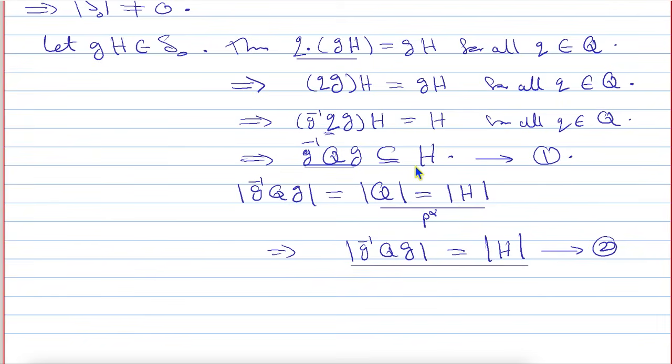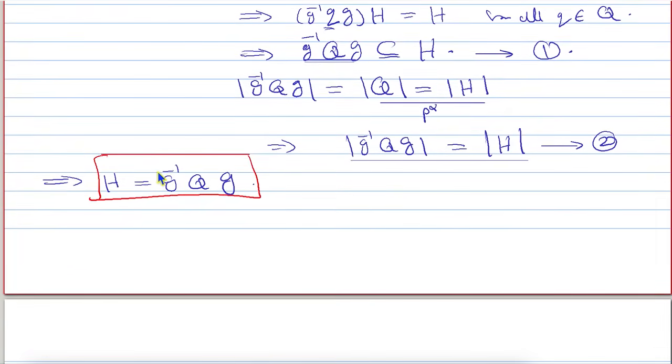This only happens if the two subsets are the same. So this means that H equals g inverse Qg, which means H and Q are conjugates. And this completes the proof of the second Sylow theorem.